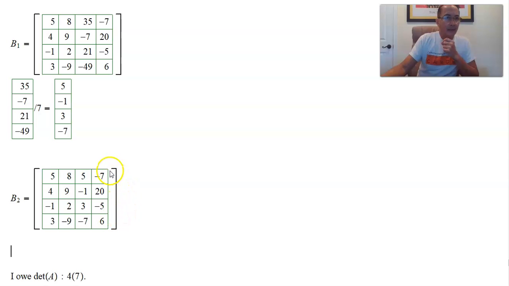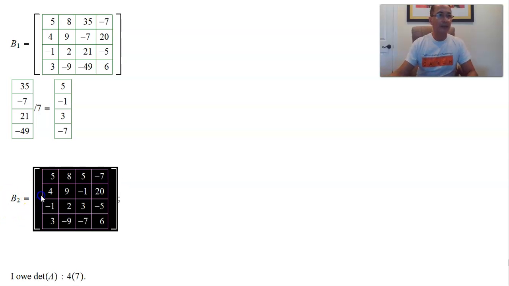Okay, so now let's do some swaps and some sums. We have a beautiful -1 over here. So I will swap row 3 and row 1. Okay, so you know what? I'm going to stop giving names to the matrices.